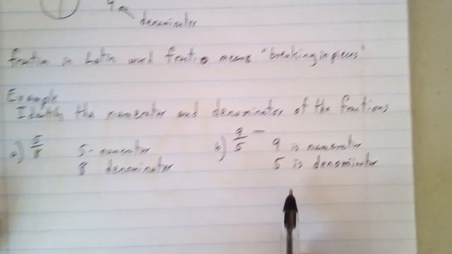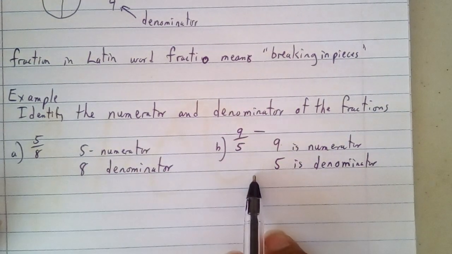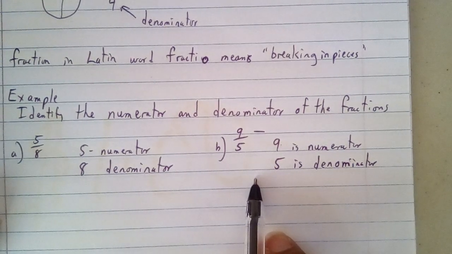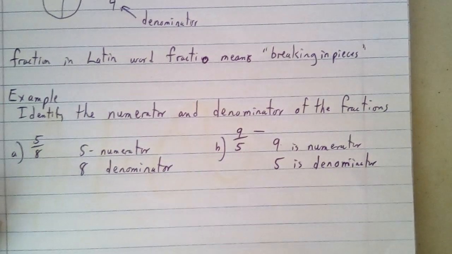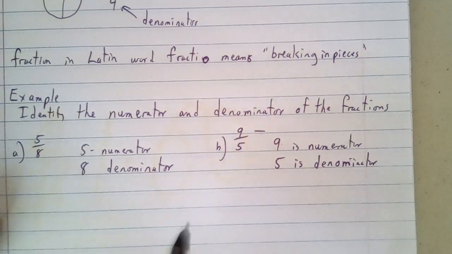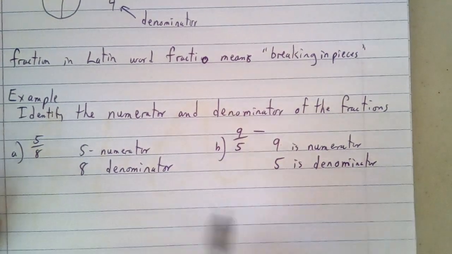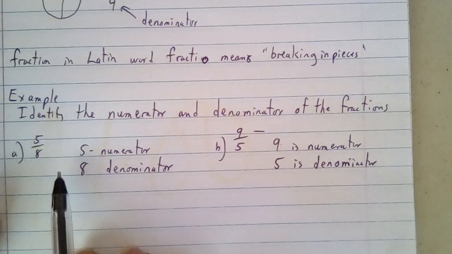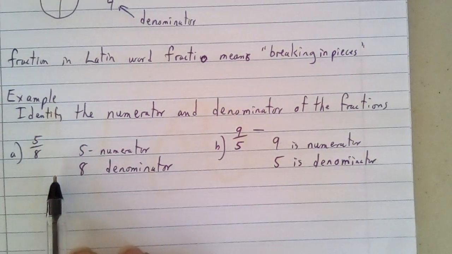I want you to note here that the numerator does not have to be smaller than the denominator. Any one of them could be larger than the other one. For right now, we're just identifying the parts of a fraction. Don't worry about them in any other way. Just what is the top piece, what's the bottom piece, what we call the middle piece. That's it for the fractions that we are looking at.